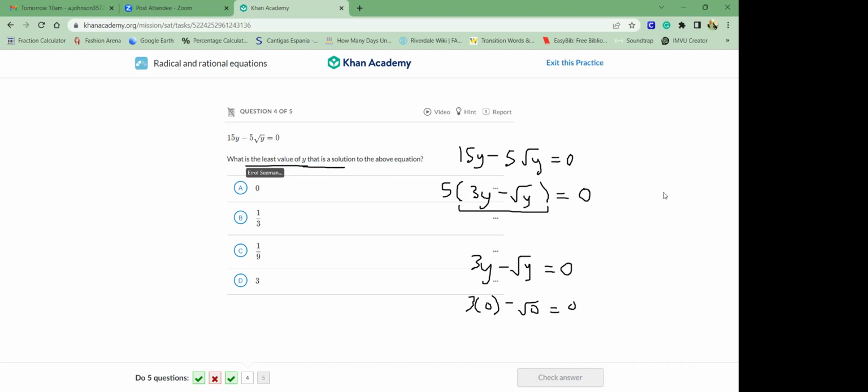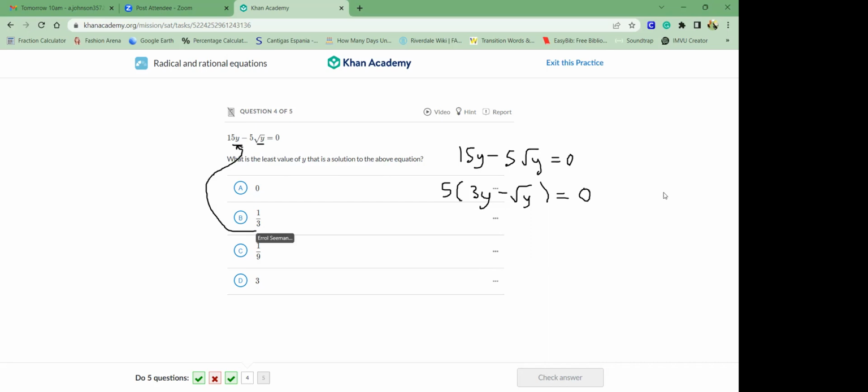So if we take the 1/3 and plug it into here and here, would that equal 0? We're just testing out the answers. If we take the 1/3 and plug it into right there and right there, will we get 0?